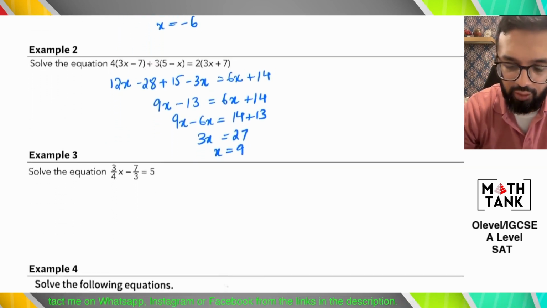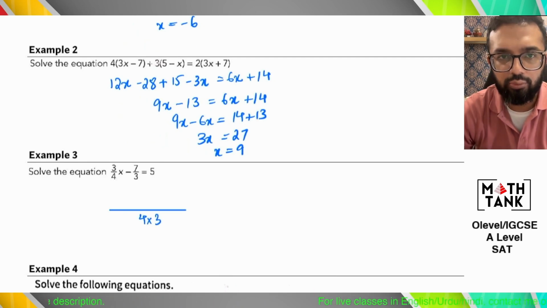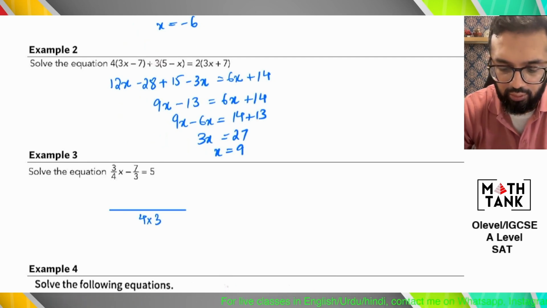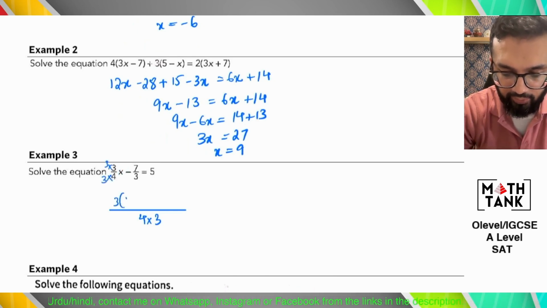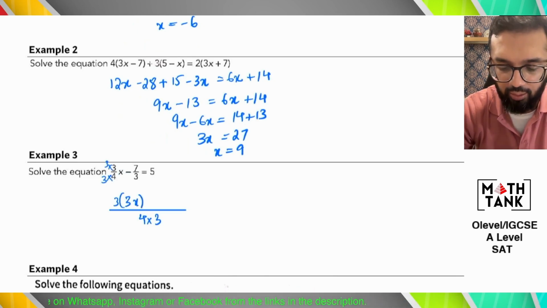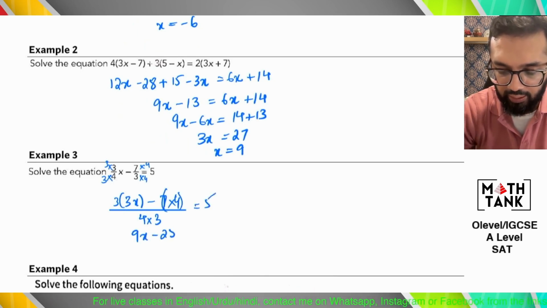Then on the next one. So 4 into 3 in the denominator. Remember that this is an x that's always in the numerator. So what do I multiply this by? This multiplies with 3 and this multiplies with 3. So this becomes 3 into 3x, and this becomes 7 into 4, so 28. 9x minus 28 over 12 equals 5.